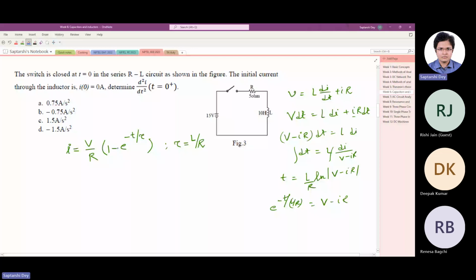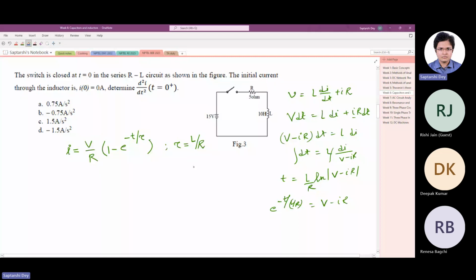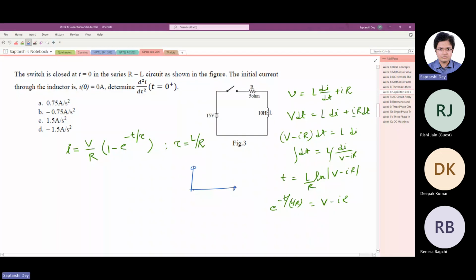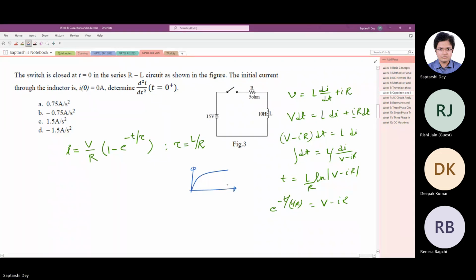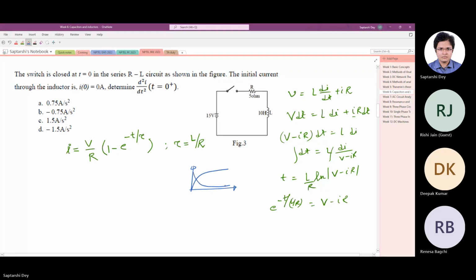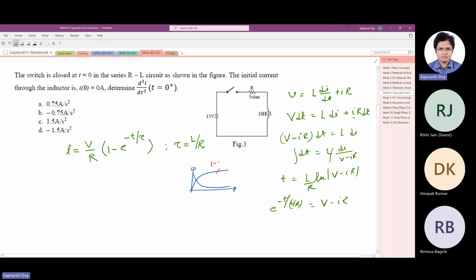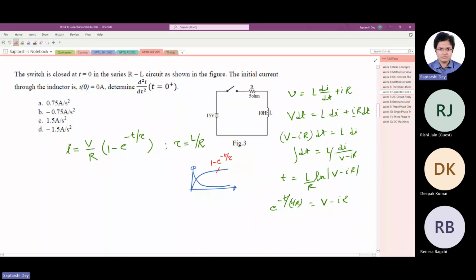Now the expression that you are trying to find out, it is either like this or like this. Now if you have the top one, where at t equals 0 the value is 0, you will have 1 minus e to the power minus t by tau kind of response.